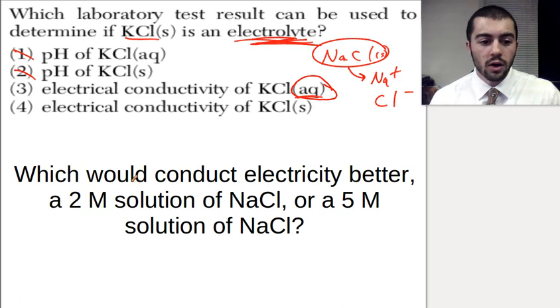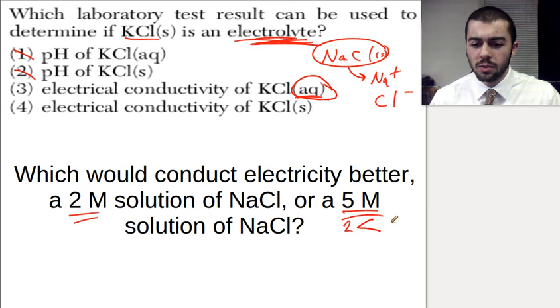So last one here, which would be a better conductor of electricity, a 2 molar solution of NaCl or a 5 molar solution of NaCl? This goes back to the first slide where we said that basically the higher the concentration of ions, the more electrically conductive something is going to be. So we've talked about molarity. This 5 molar would be a greater concentration than the 2 molar.